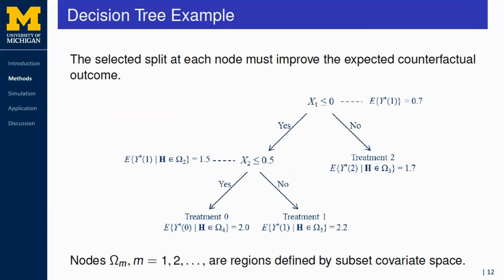So to illustrate how this works, in this figure we have a tree type of decision rules, and we have several covariates, x1, x2, okay? And they have a bunch of other variables. And in this case, only two important variables are useful for your treatment assignment. One is x1. So if I do not consider these covariates, I basically have the option of treatment 1, 2, and 0.